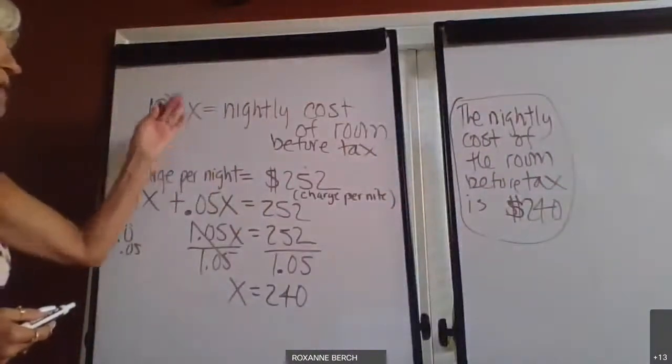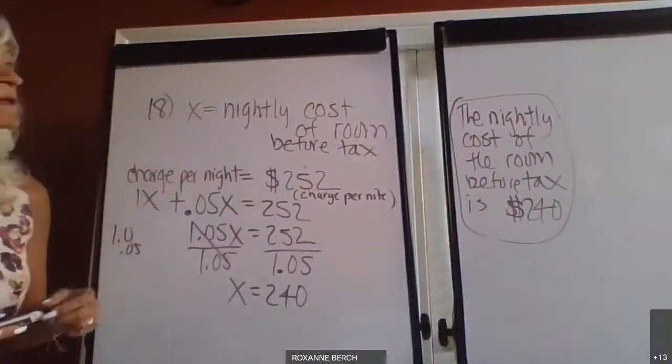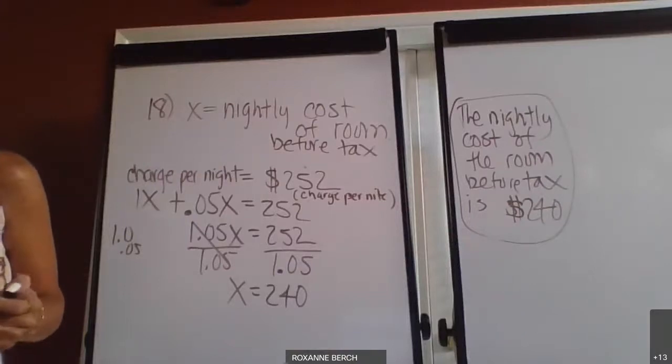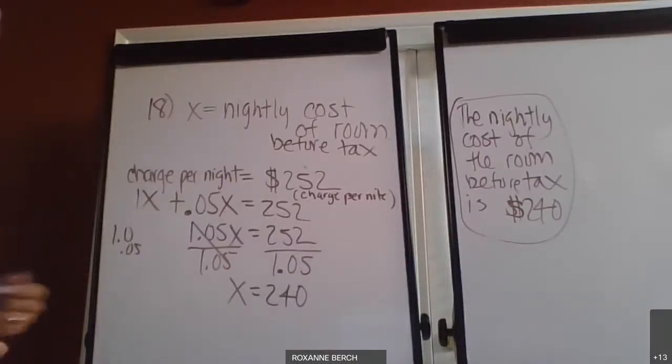So we found the variable, we answered the question, the nightly cost of the room is $240.